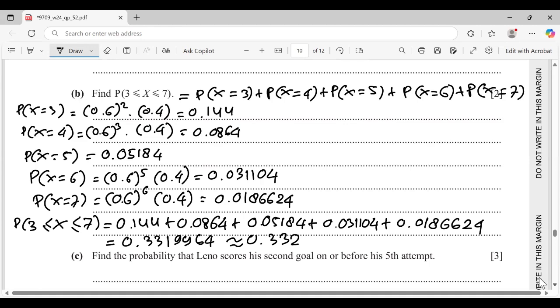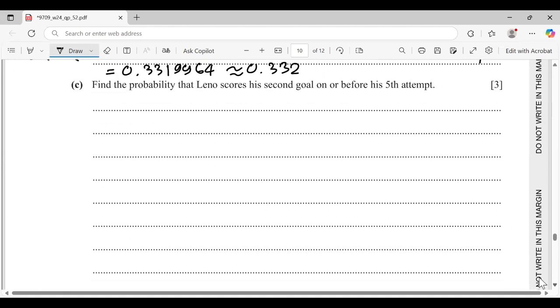Next question. C. Find the probability that Leno scores his second goal on or before his fifth attempt.